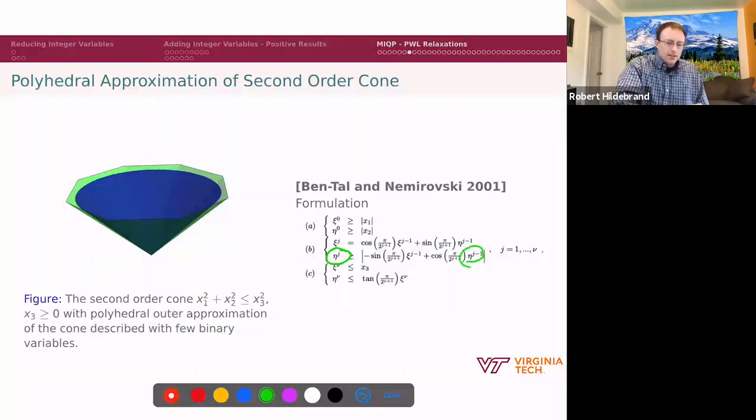So you can see the j minus first term is in there, and they're related through these absolute values. And really what this does is it creates a chain of nested absolute values that creates a very complicated function with many facets. And so they were able to obtain a nice formulation where the number of facets of their cone is actually exponential in the number of variables that you use to create it.